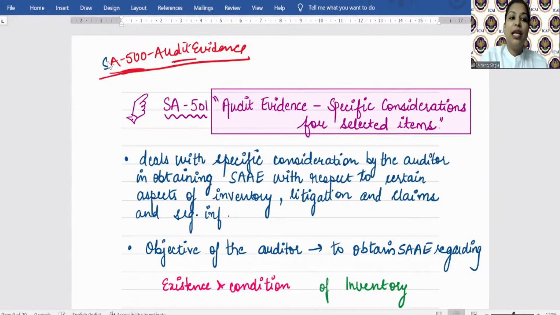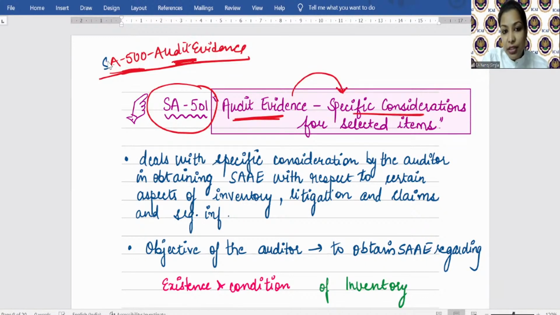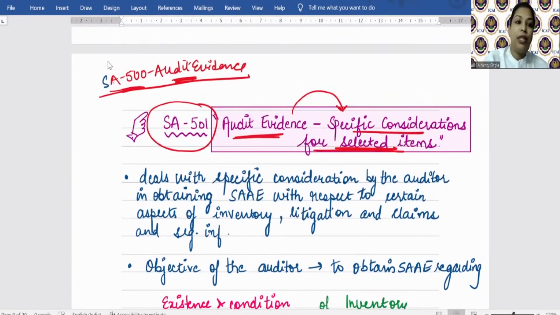So SA 500 क्या है? Audit evidence, ठीक है? SA 501 क्या है? कि audit evidence तो obtain करना है, but this standard specifically mentions certain specific considerations for selected items. ठीक है? देखो, जब आप SA 500 फॉलो करते हैं ना, what was the objective?